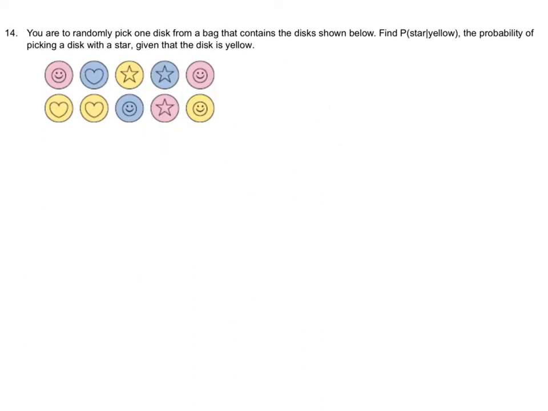You are to randomly pick one disc from a bag that contains the discs shown below. Find the probability of a star given yellow, or the probability of picking a disc with a star given that the disc is yellow. So this is another conditional probability, and we want to find the probability of selecting a star given that the disc is yellow.